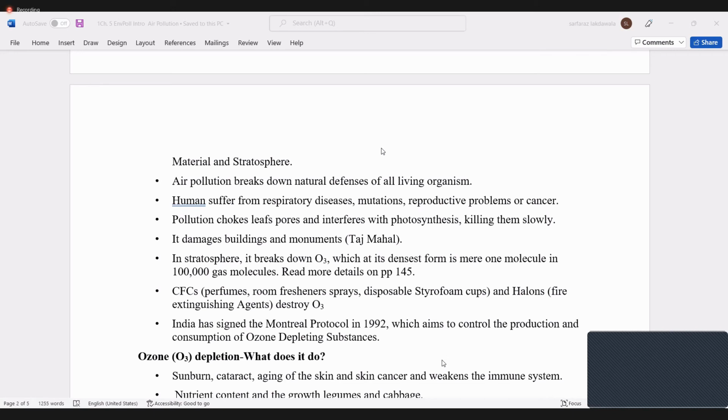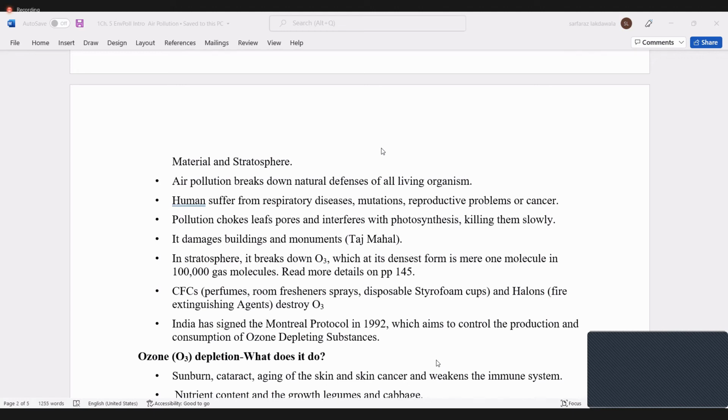CFCs, that is chlorofluorocarbons, perfumes, room fresheners, sprays, disposable styrofoam cups, and halon gas are the known agents which destroy the filtering layer of the stratosphere called the ozone layer. India has signed the Montreal Protocol in 1992, which aims to control the production and consumption of ozone depleting substances. So we are part of it.